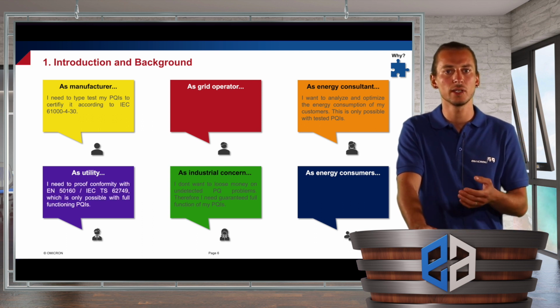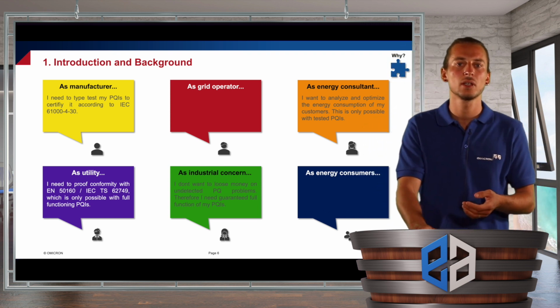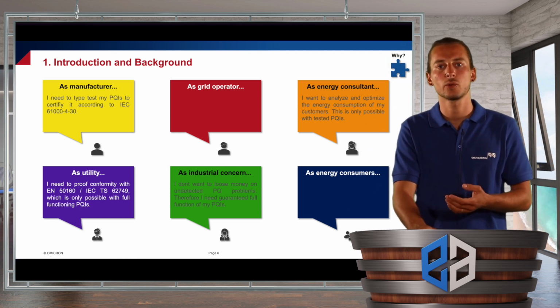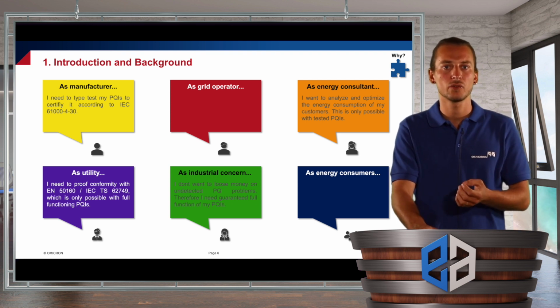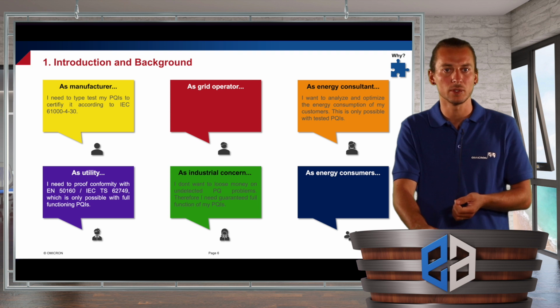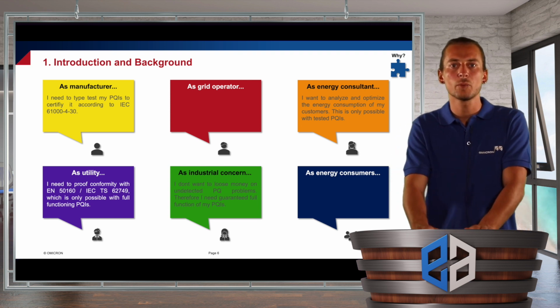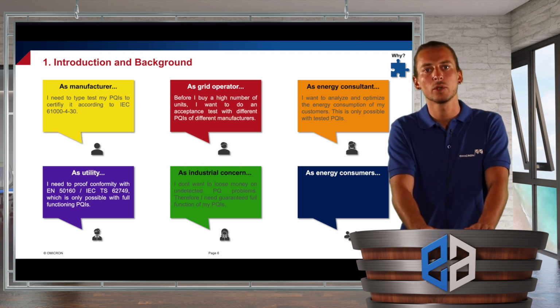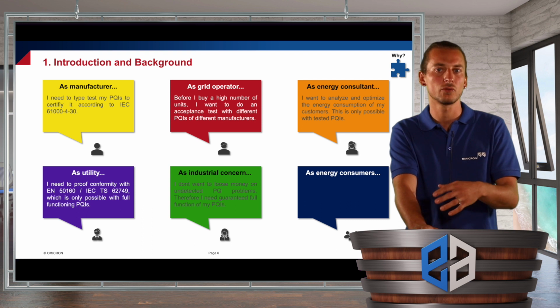Then there are utilities which simply have to prove conformity with several power quality criteria which can be seen in the standards EN 50160 or also in the international standard which is available. Then there are grid operators who may want to buy a big number of power quality instruments for their whole grid.